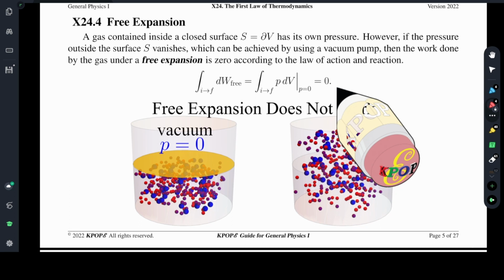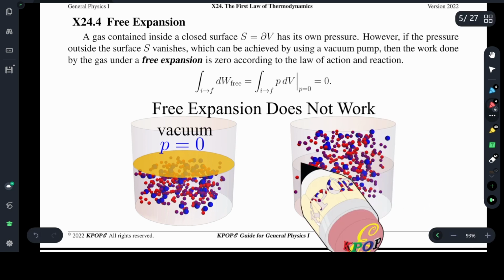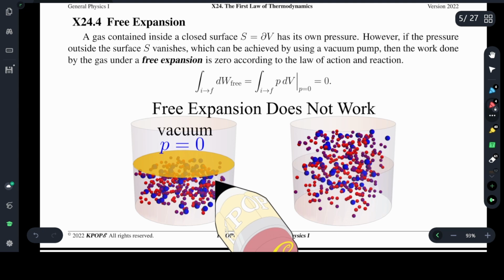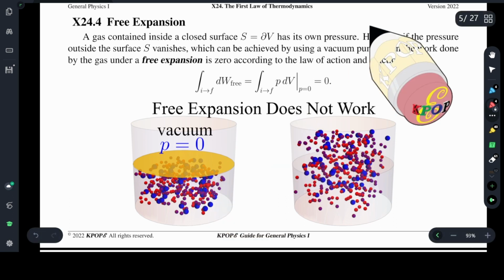If there is nothing against it to be in equilibrium, then I am not able to apply any force at all. So, according to action and reaction, the free expansion does not require any work done by a gas.